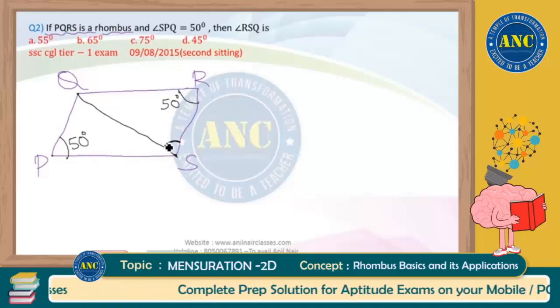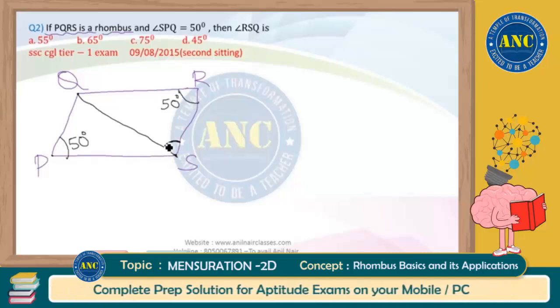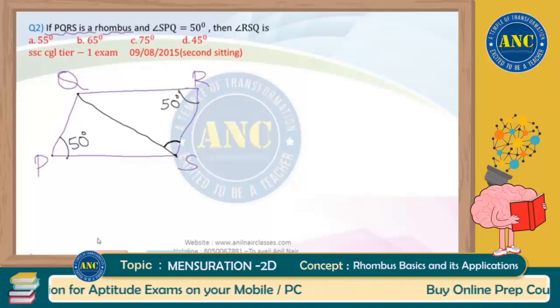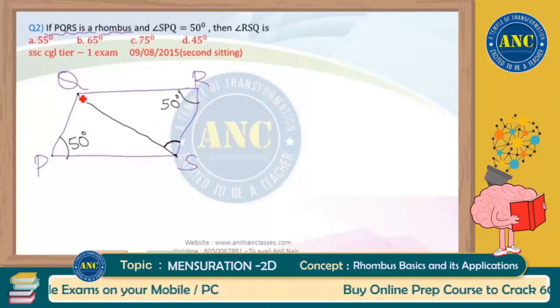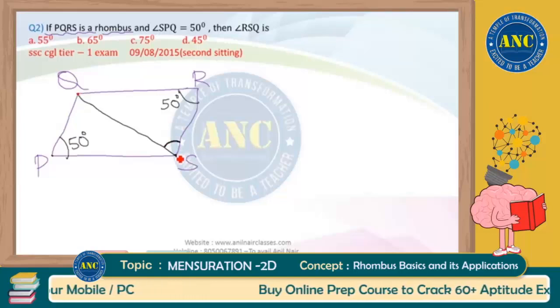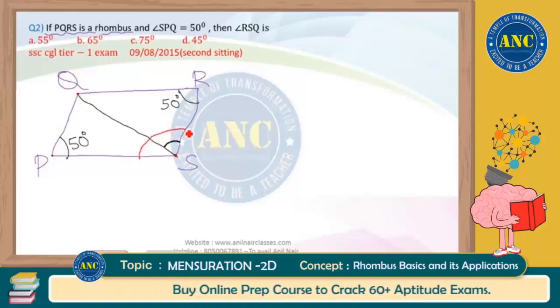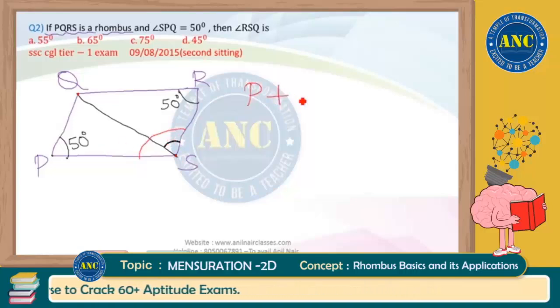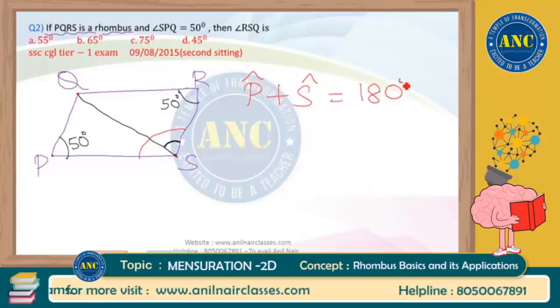Now think a little logically, sir. You will get the answer if you think a little logically. Now, can I say that this particular diagonal will bisect this bigger angle S into 2 equal parts, and I also know that angle P plus angle S is 180 degrees because they both are adjacent to each other.